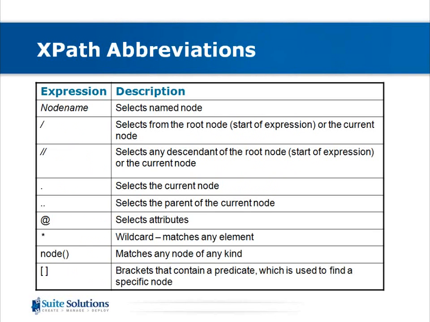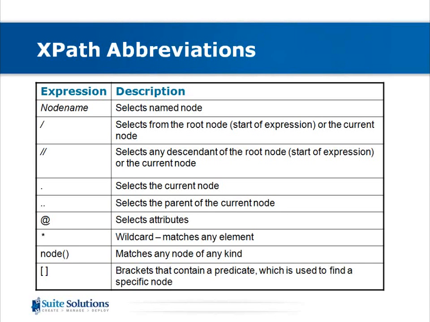And then just to discuss some XPath abbreviations, simply having text refers to the name of the current node. A slash selects from the current node moving downwards, whereas a double slash selects from the current node, or if there is no current node, starting from the very top of the document, searching comprehensively down through all descendants, anywhere in the node.